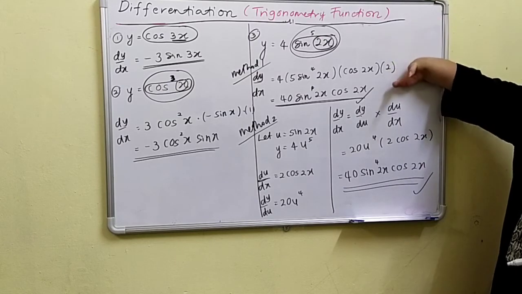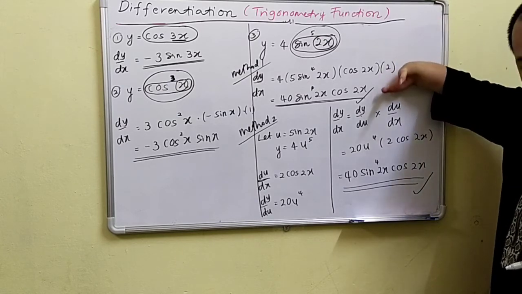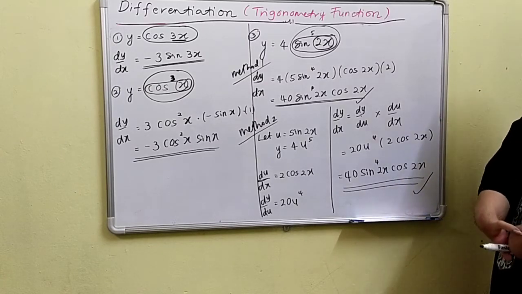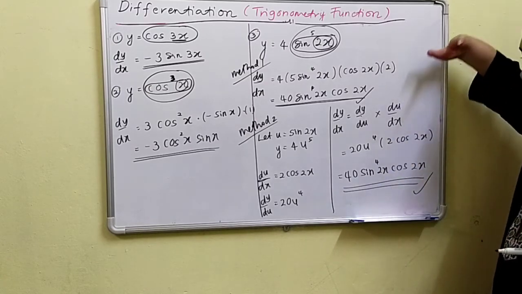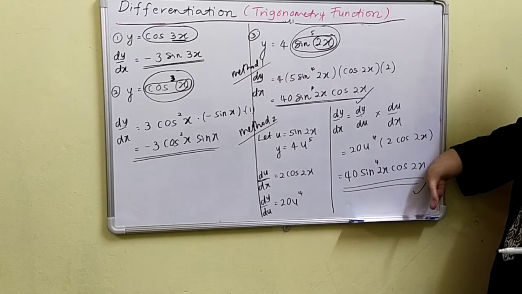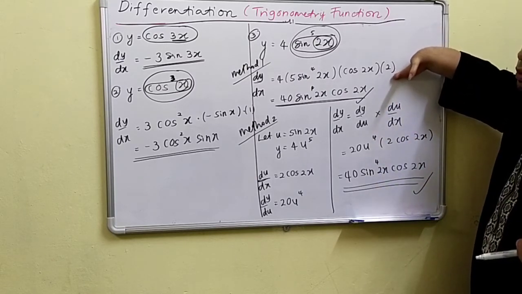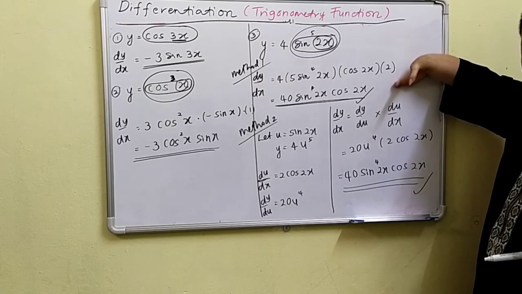This is by using outside inside rule. This is by using chain rule. Which one you want to use, both of them are acceptable. Okay, but prefer using the outside and inside.